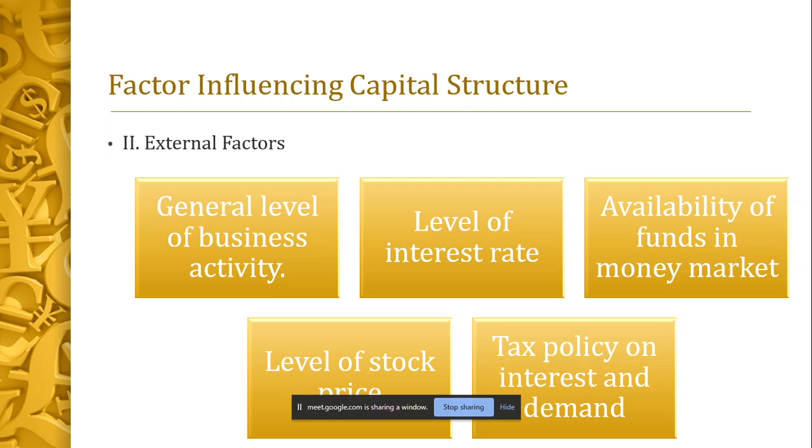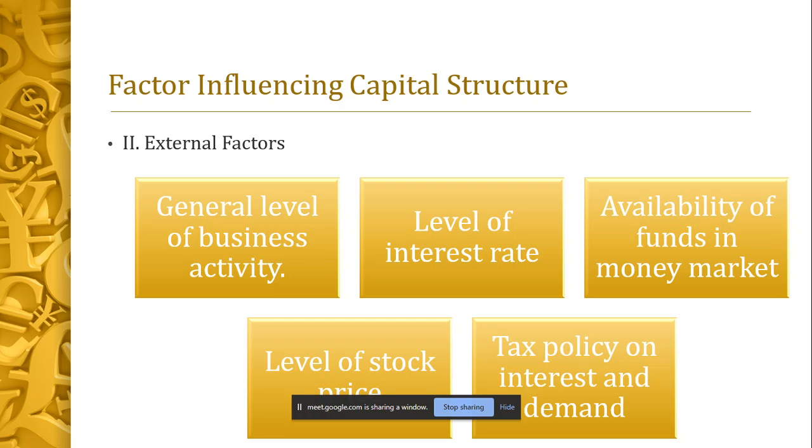The next one is availability of funds in the money market. Now, whenever we go in for debt, definitely we'll rely on the money market. This will affect how much debt an organization will have and how much would be the equity.